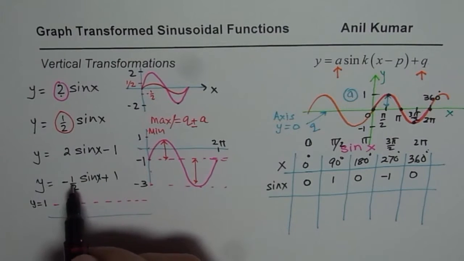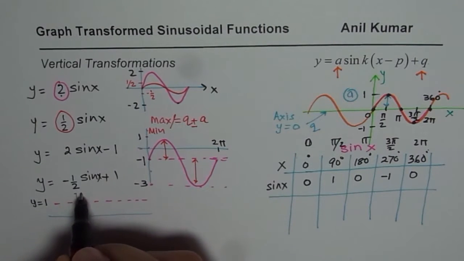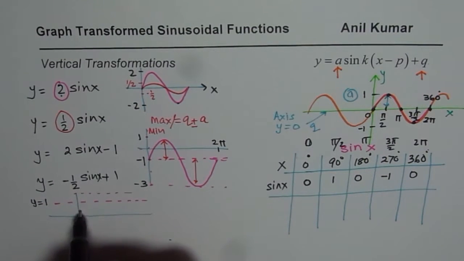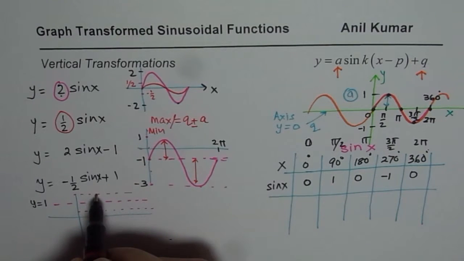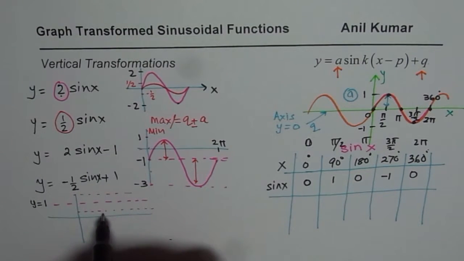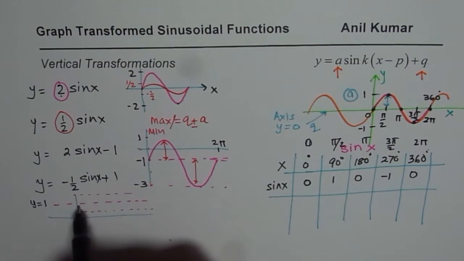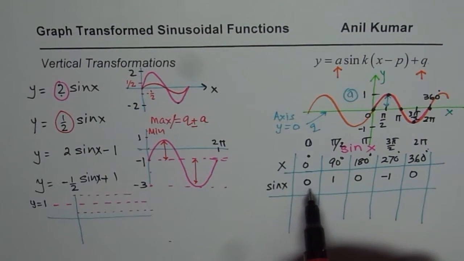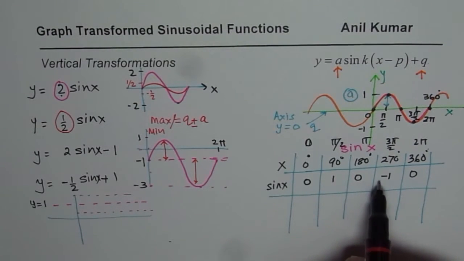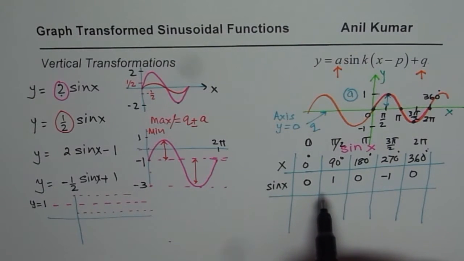In this case, amplitude is always considered as the absolute value, okay, half. So you could go half up and half down. So the wave is in between these two. Somewhere here will be a maximum, somewhere there will be a minimum. Negative means instead of going up, the wave starts like this, right? So the points will not go 0, 1, 0, minus 1, 0, but will go towards the minus side, right?